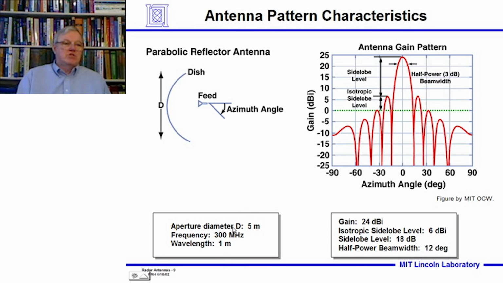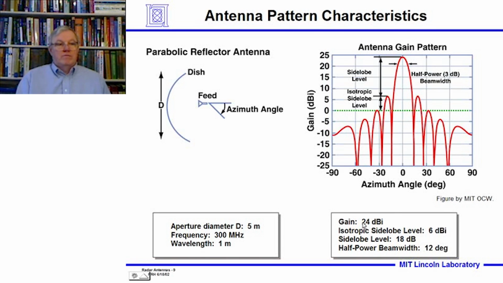And for that frequency, we'd have a gain pattern as follows. We'd have a peak, it'd be collimated, and the top of the antenna gain pattern we call the maximum gain. And that is, for this antenna, 24 dBi, or 24 dB above isotropic.